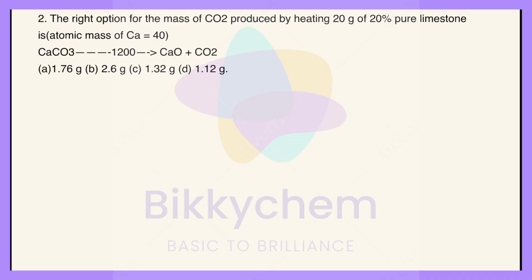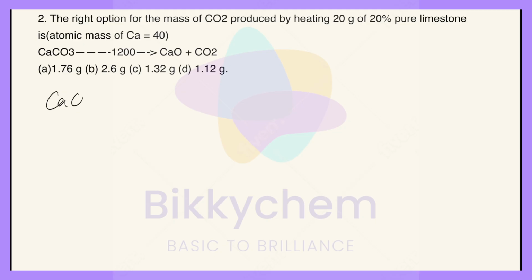Okay, let's consider the next question. We have to find out, by heating 20 gram of 20% pure limestone, how much carbon dioxide is produced. The options are 1.76, 2.6, 1.32, 1.12.